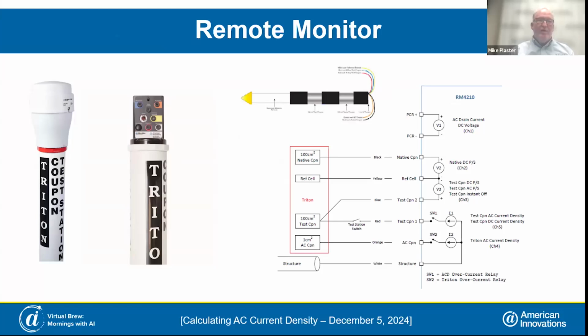These will monitor your native coupon and your reference cells, you'll get your AC current density, you'll be able to get your pipe to soil, and you can also use our Triton test station or our Triton coupon. One of the advantages of using them all together is the ease of installation. It's all color coded, easy to get installed. It's pretty much plug and play.